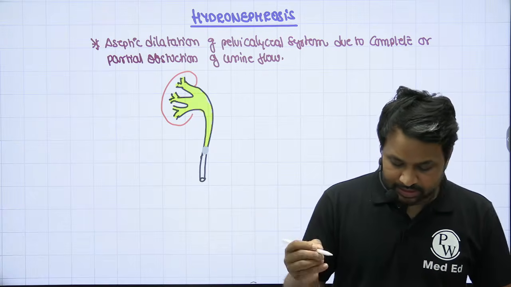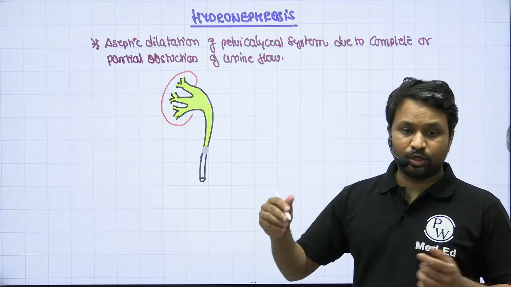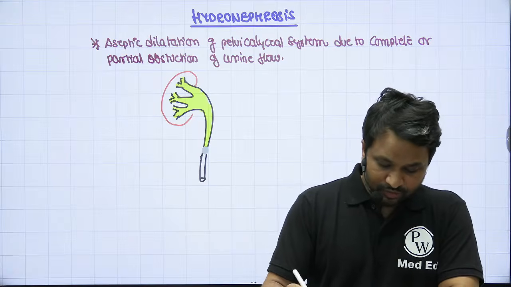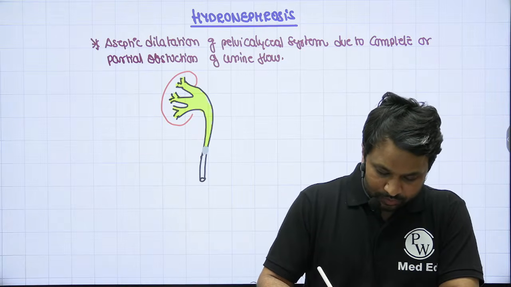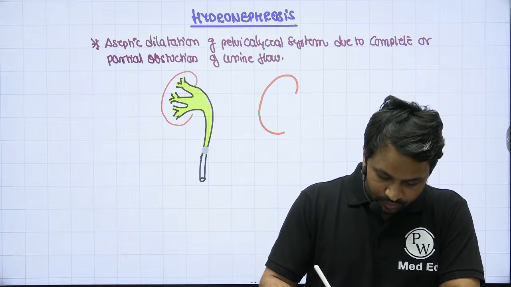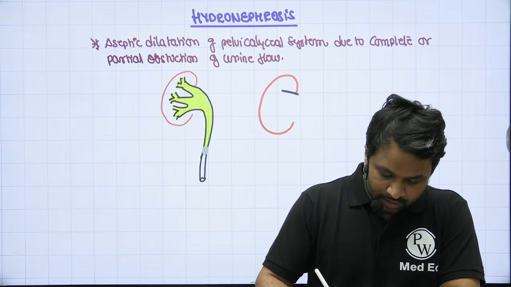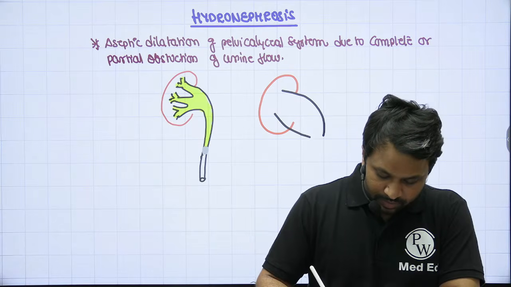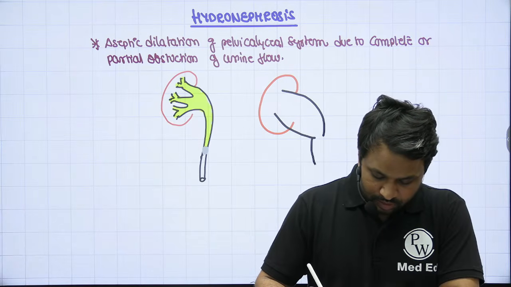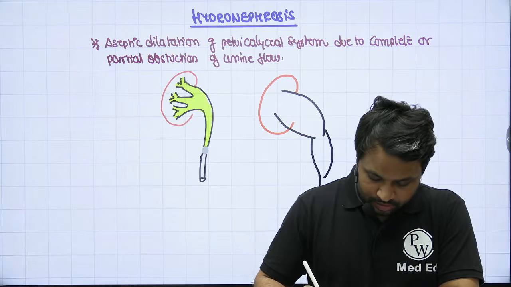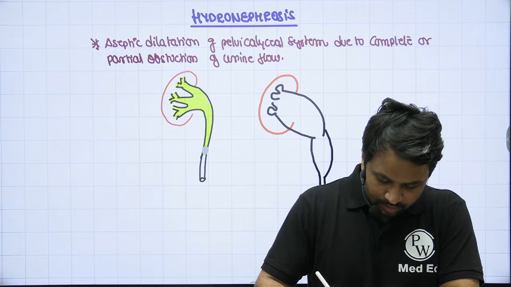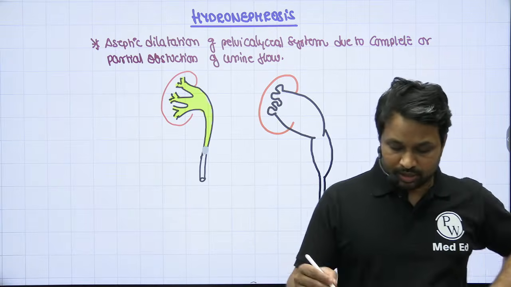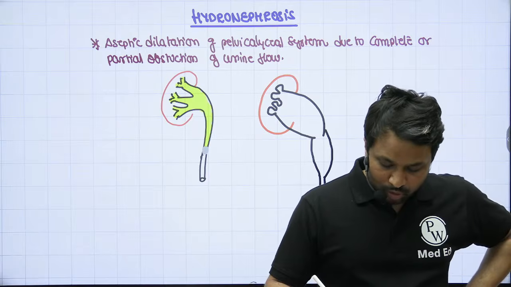This entire segment, that is your pelvicalyceal system and the ureter, is going to dilate. You notice the entire pelvicalyceal system with the ureter till the site of obstruction is going to be dilated. You see, everything which is present here is going to become dilated. It is going to get blunted, and this blunting is also called the soap bubble sign.